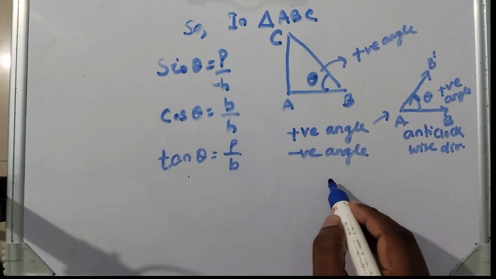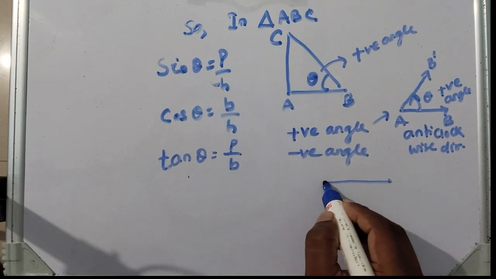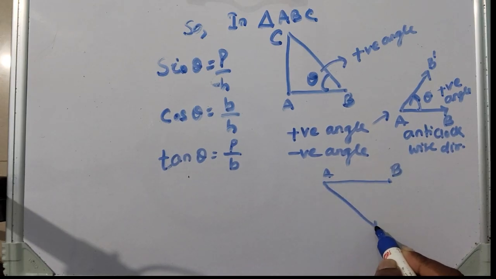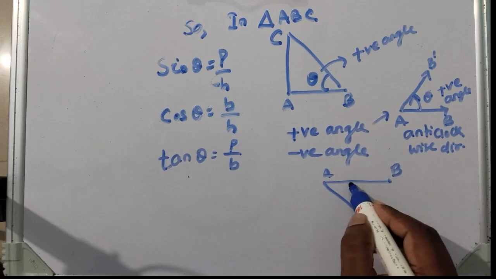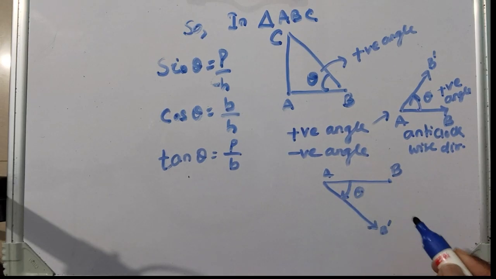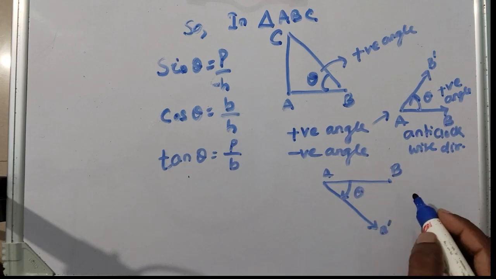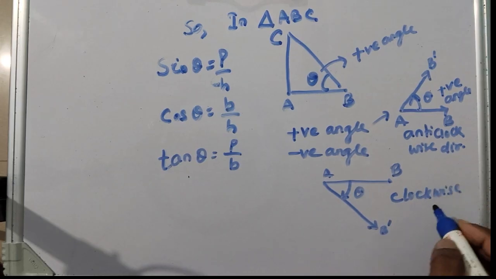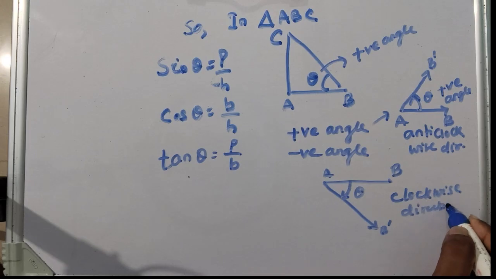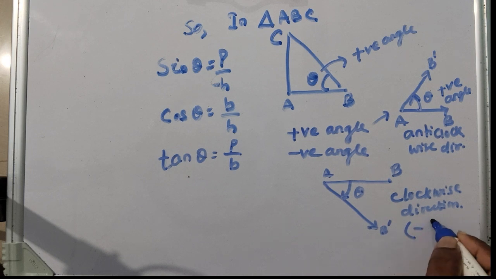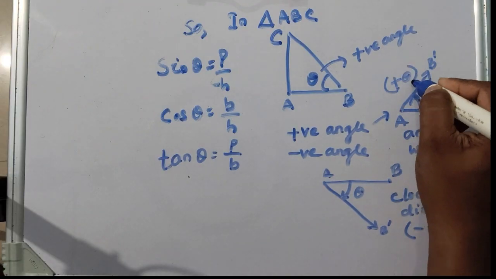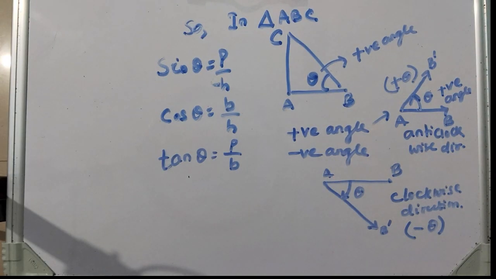Then what is negative angle? Suppose this is a ray AB and it is rotated to a new position in a clockwise direction. Then this angle is represented as minus theta and the other as plus theta. So this is positive angle and this is negative angle.